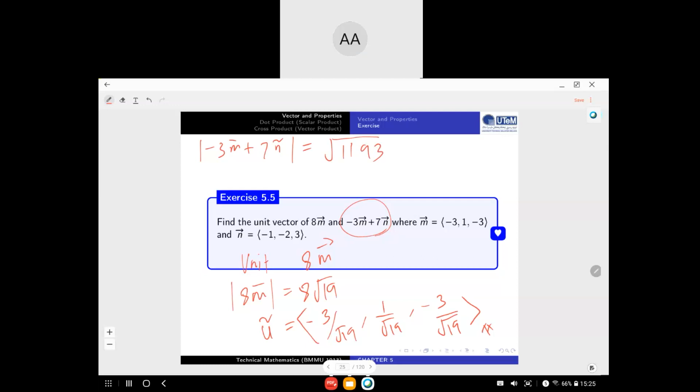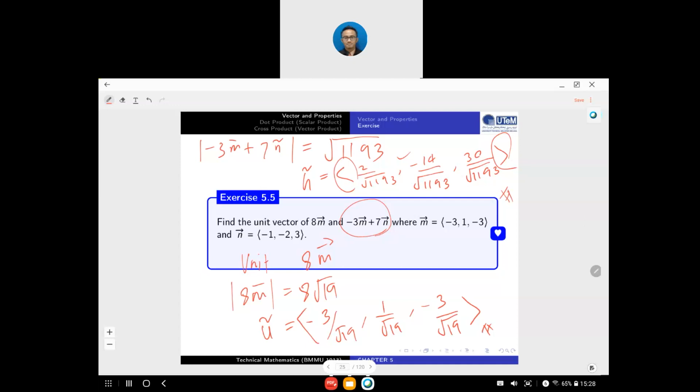So the answer is the square root of 1193, and the unit vector equals 2 over square root of 1193 comma -14 over square root of 1193 comma and 30 over square root of 1193. Here I use this bracket notation. If you do not want to use brackets, you can use i, j, k. You can choose either one, whichever you like. If you give the answer in decimals, that is also fine. No problem.